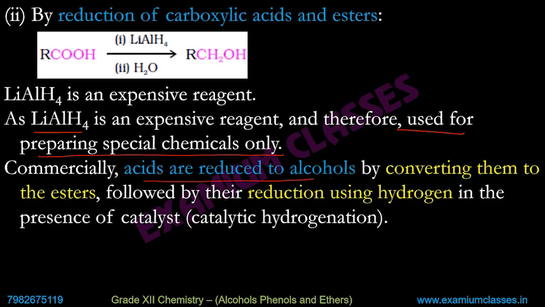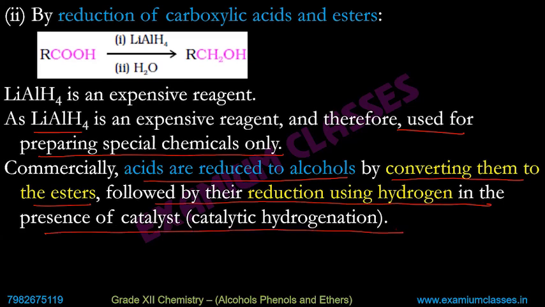Commercially, acids are reduced to alcohol by converting them to esters, followed by their reduction using hydrogen in presence of catalytic hydrogenation, meaning platinum, palladium, nickel with hydrogen. Although this reaction is important and you can write it, in reality lithium aluminum hydride is used only for special chemicals.